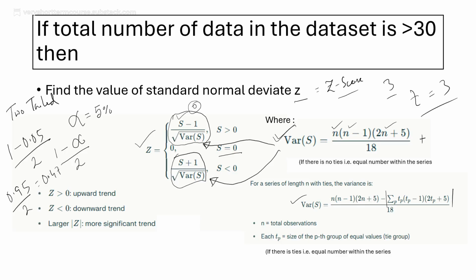Now, in your Z table, the table for the critical value of Z, the table will have columns and rows, and for each column and row there will be a number as a header.